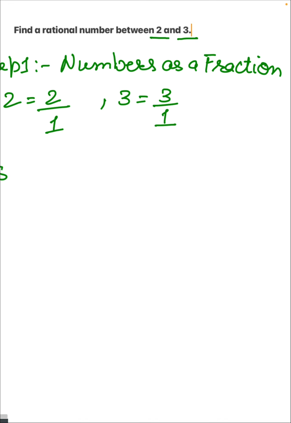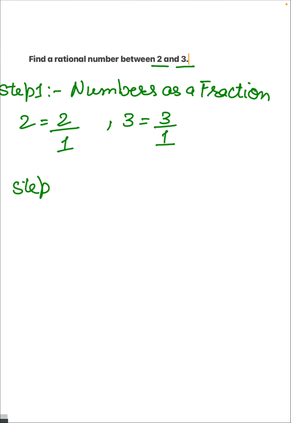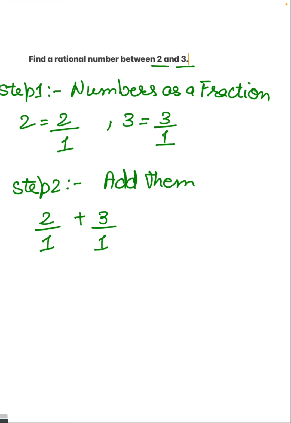Step 2: we have to add them. 2 over 1 plus 3 over 1 is equal to 2 plus 3, which is 5 over 1.